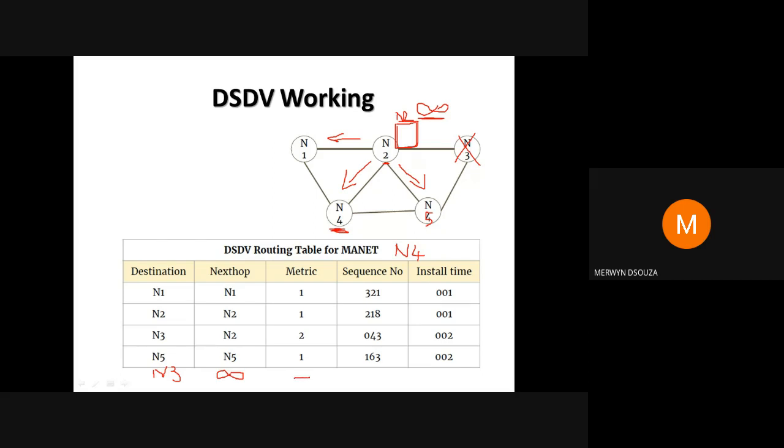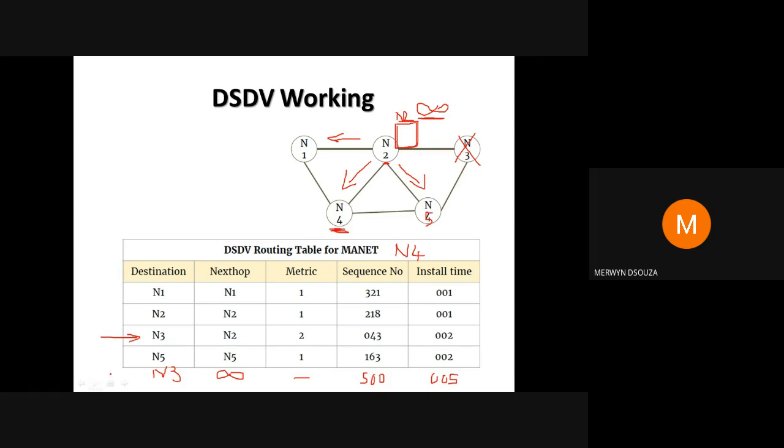This field it may leave as blank. Here it may have a greater sequence number, say 500. Say the install time is 005, meaning this entry has been made in the table at 005. Now it is having duplicate entries.